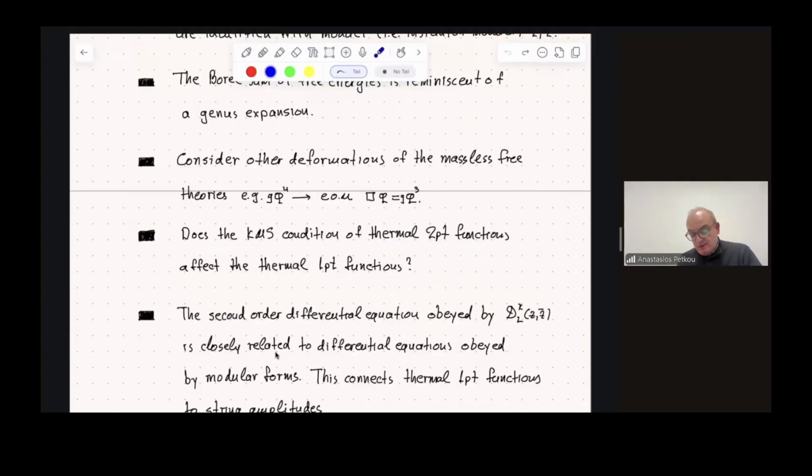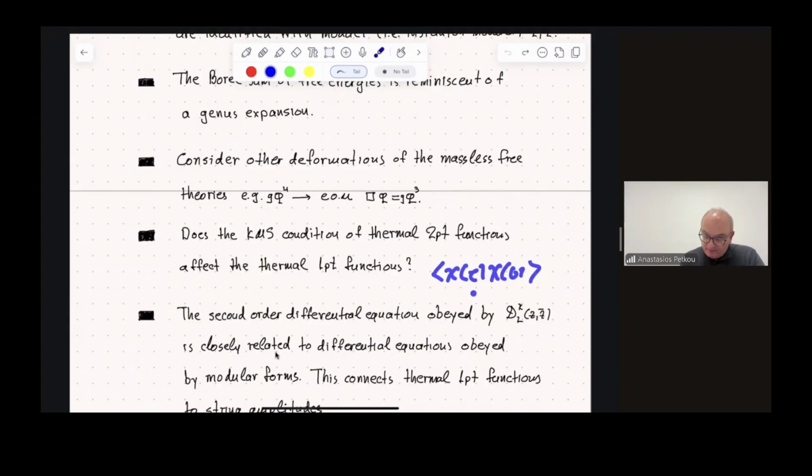We have a calculation in the simple quantum mechanical model that I talked about: if I insist that my 2-point function is KMS invariant, which is trivial, then I can find the thermal 1-point function of my operator. Let me just write it because it's something that we discussed. So this is the quantum mechanical 2-point function.